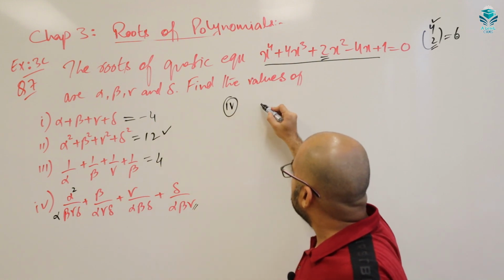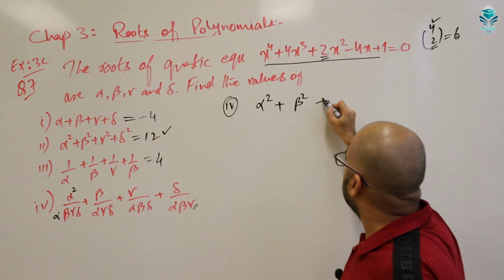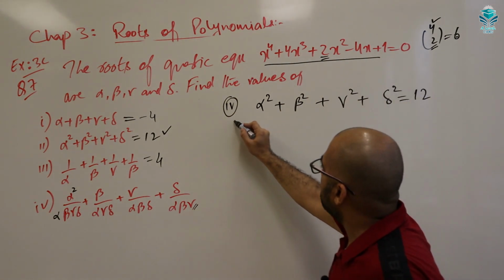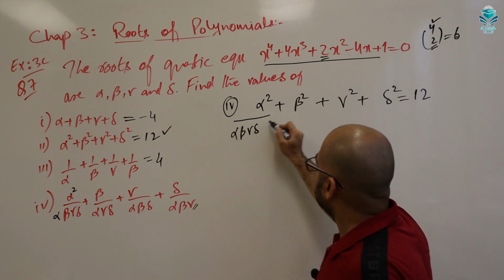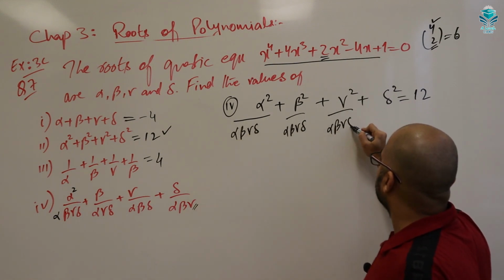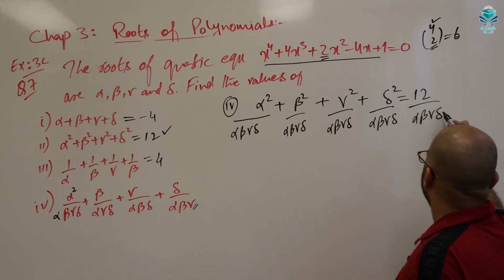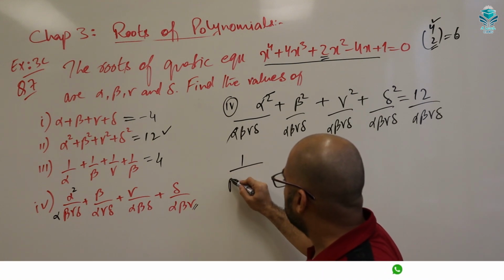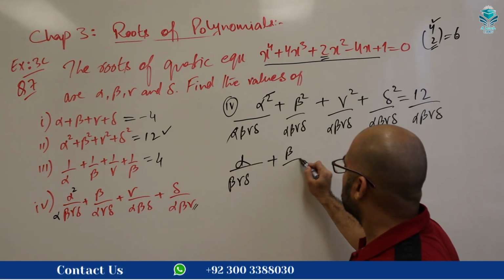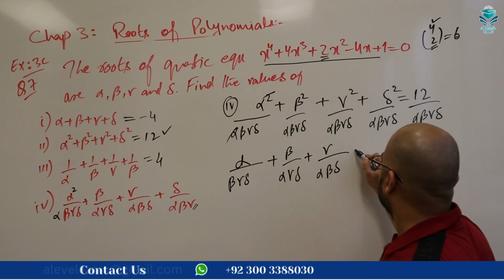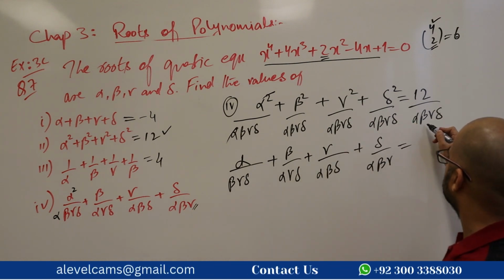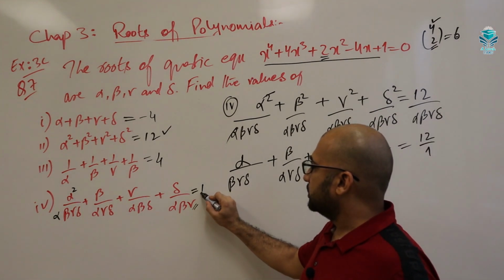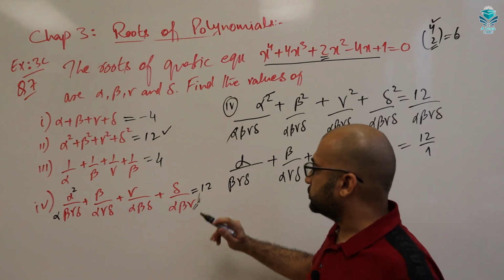So for the fourth part we have alpha squared, beta squared, gamma squared, delta squared, which is 12, divided by the product of all roots. The product of all roots is 1, so this is nothing but 12 by 1, which is 12. So it means the value of it is 12.